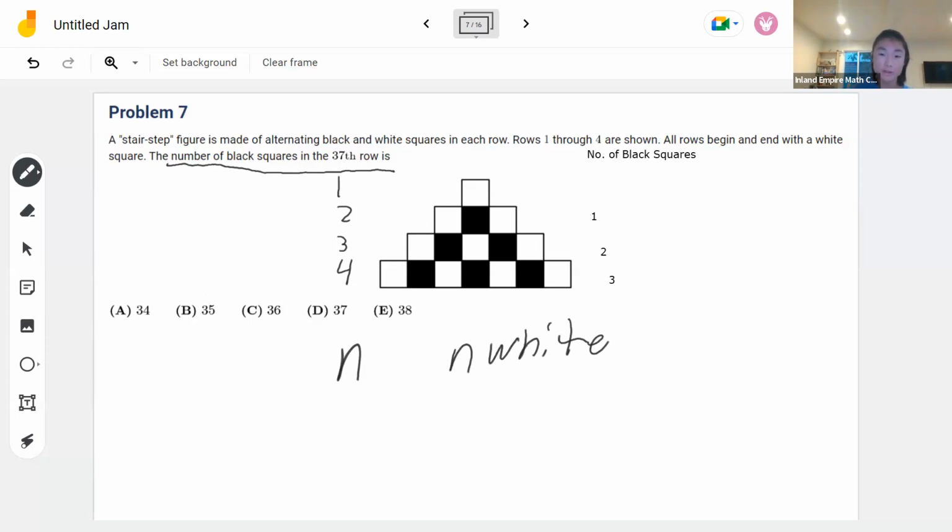We also have n minus 1 black squares. In other words, the number of black squares in a row will always be one less than the number of white squares. So we're looking for the 37th row. That means there'll be 37 white squares and 36 black squares.